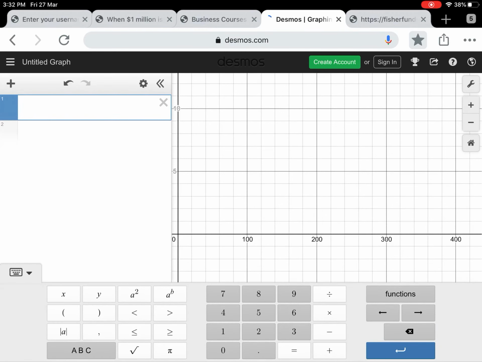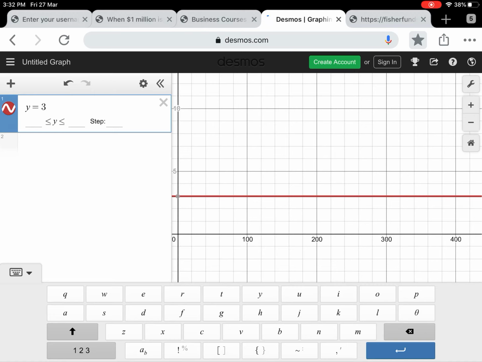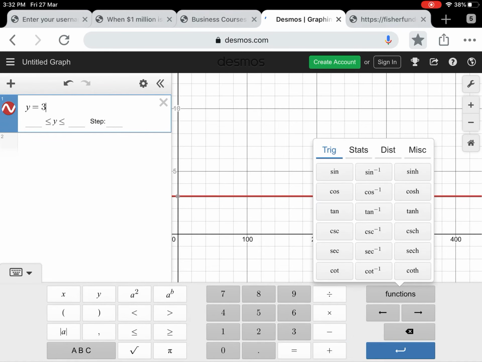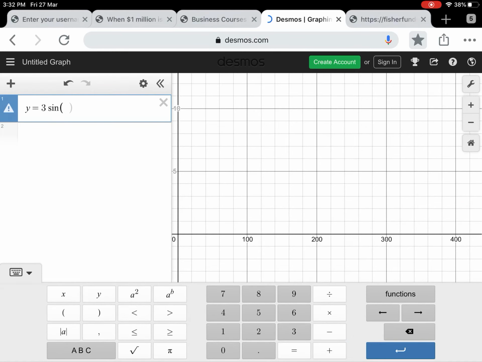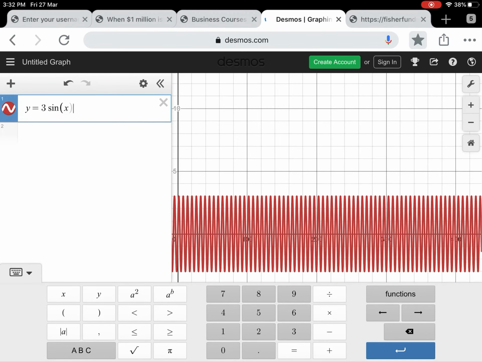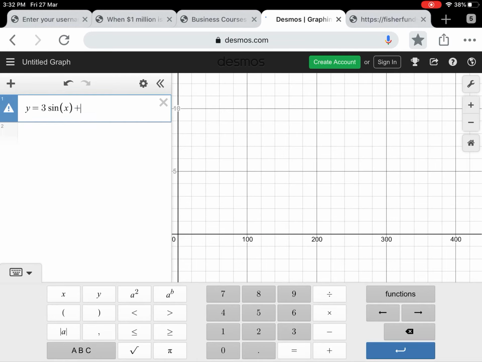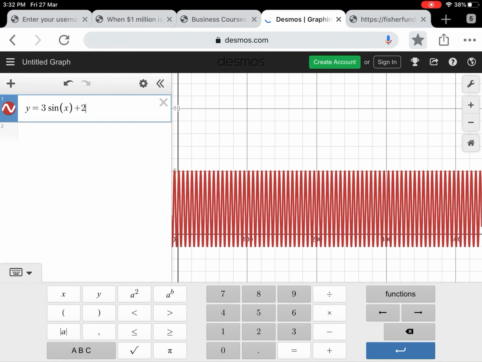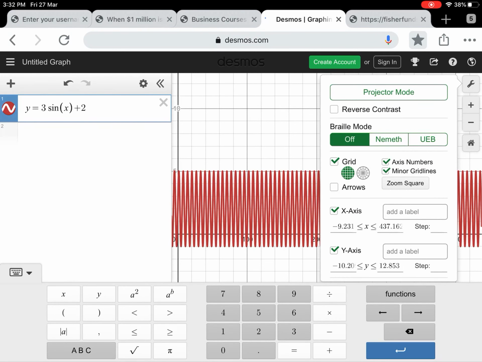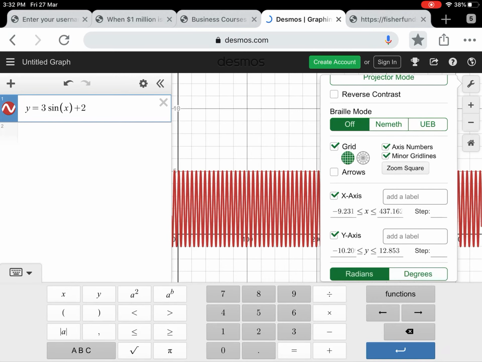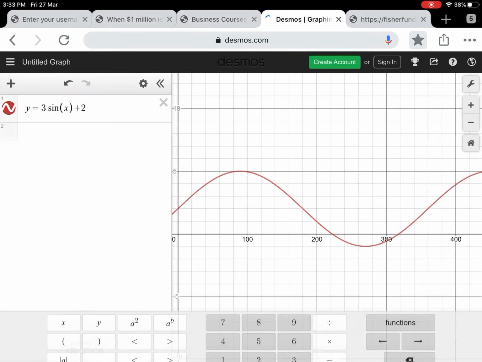So y is equal to 3 sine of x plus, what was it, plus 2? Somewhere here I can do degrees. Yeah, degrees. That's better.